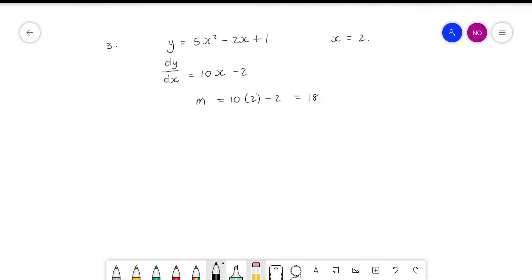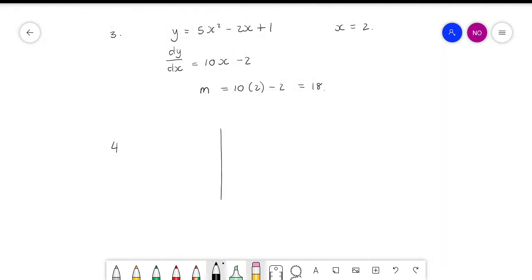Okay. Nou, nommer 4 is soos die wat ons vandag gedoen het. If that is the graph of the first derivative, what type of graph will the original function be? A parabola. Nee?